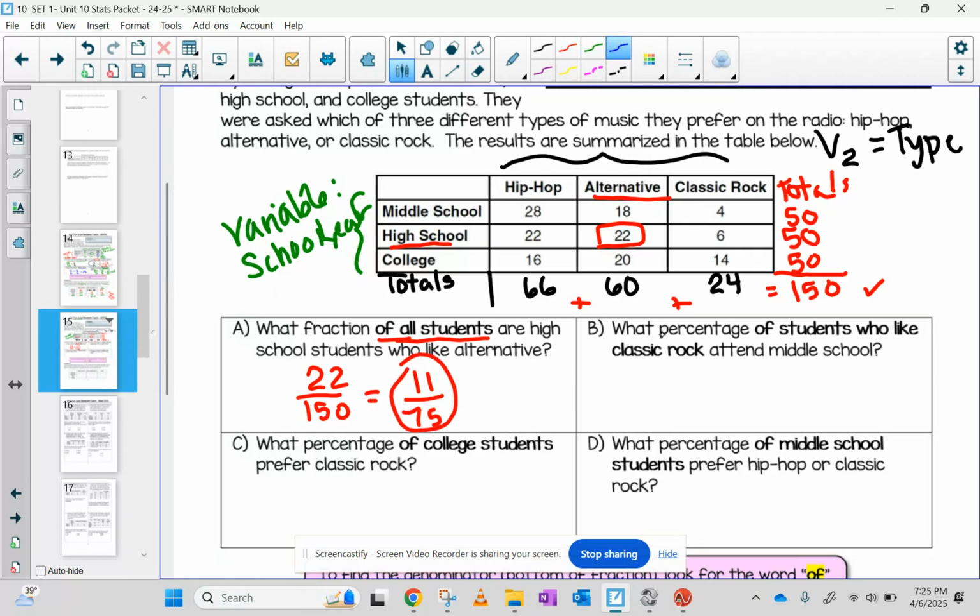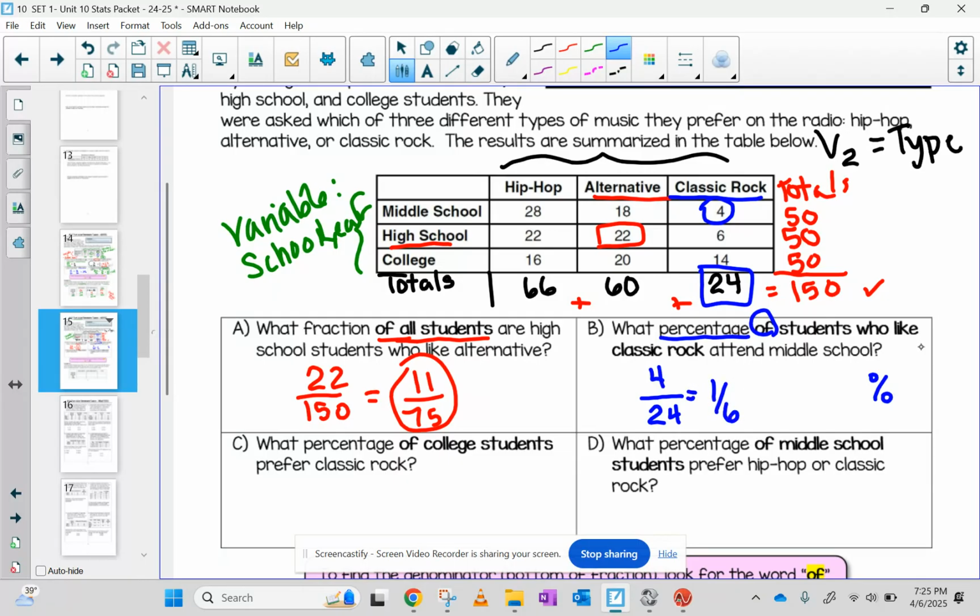All right, this one says what percentage, so I'm going to end up with a percent, keep that in mind, of students who like classic rock, so I'm going to go to classic rock, and that would be 24 students that I'm considering. So of the 24 students who like classic rock, attend middle school. So look at these 3 numbers. The 4 is in the middle school column. 4 out of 24 is 1/6.